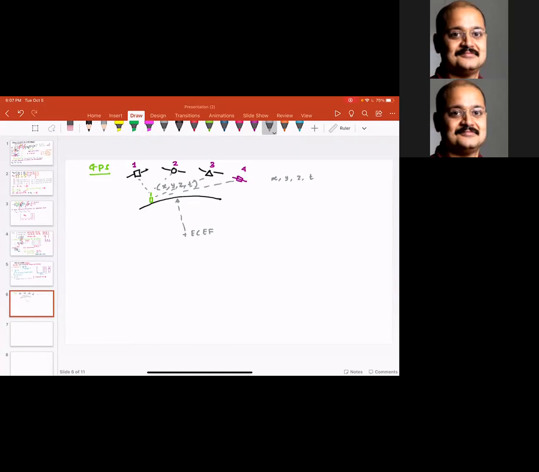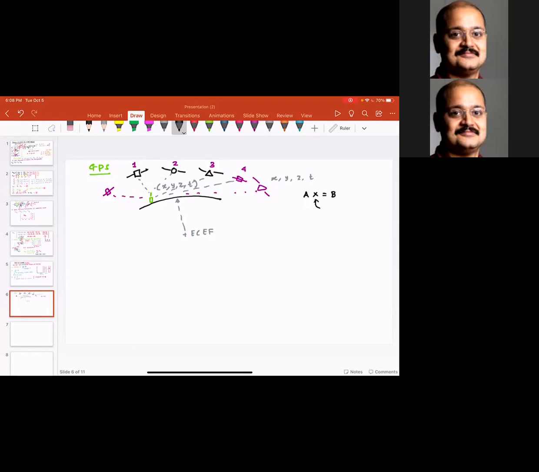But please understand that the data coming from these GPS satellites is noisy. So you may not be able to find X, Y, Z, and T very accurately from just 4 satellite measurements. So you can have additional satellites, and clearly the accuracy of the solution is going to increase. But now this is exactly the problem that we have been trying to solve: Ax = b.